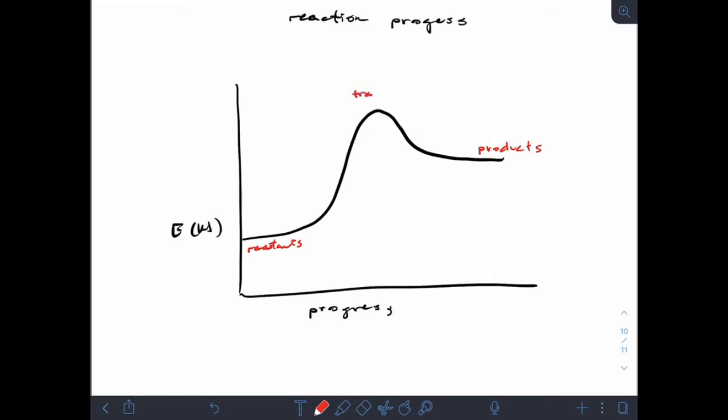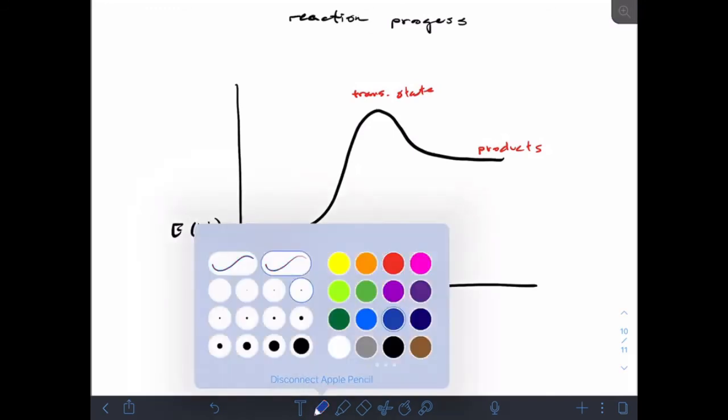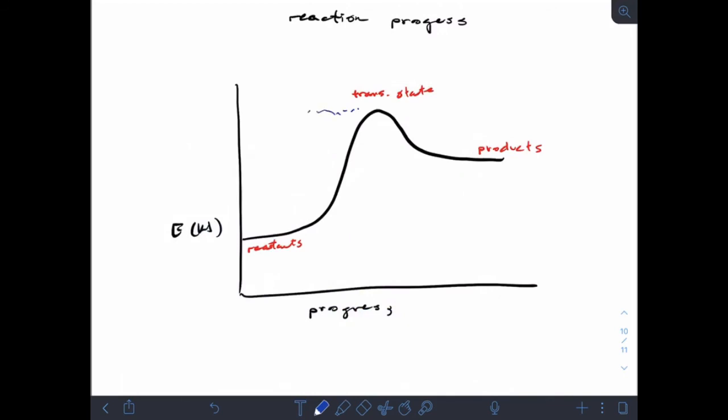We have our transition state. Still have our activation energy. We still have our overall change of delta H. Delta H is positive. So we have an endothermic reaction.